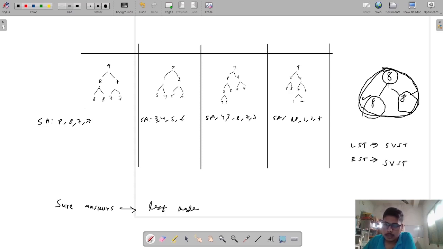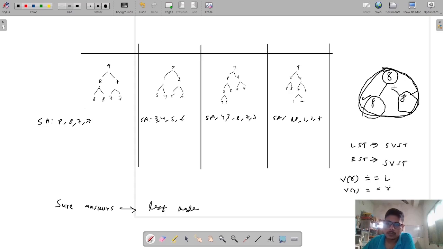Okay, so the value of this root node must be equal to its left value and also its right value.